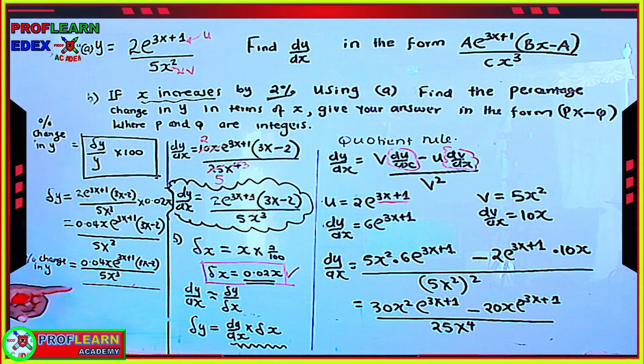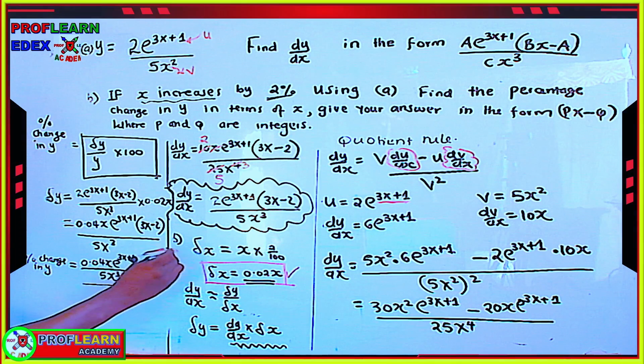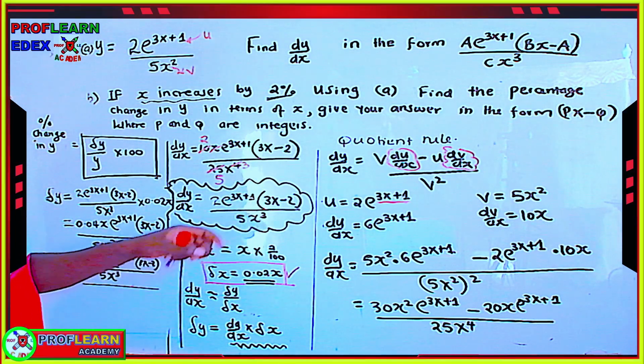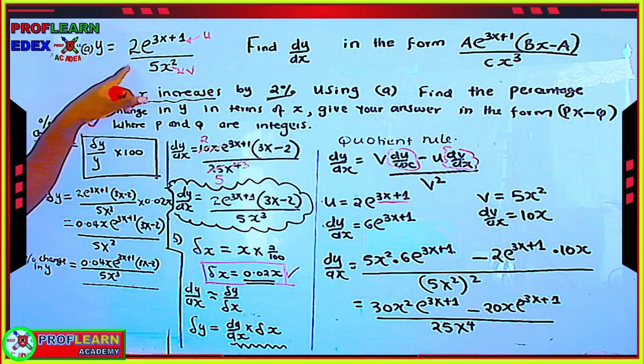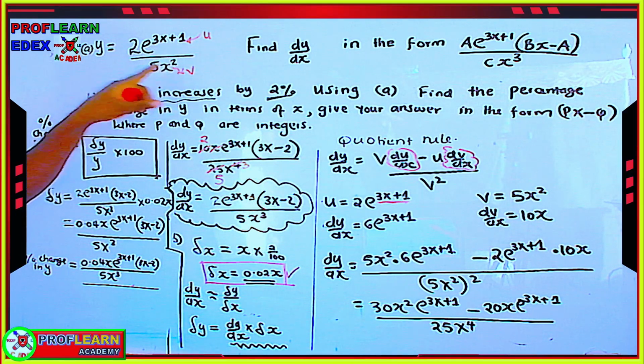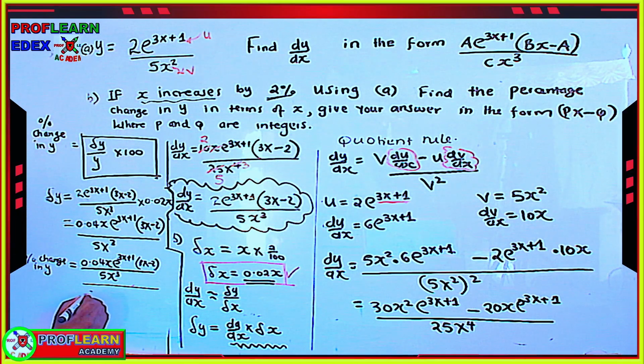But remember, our y was this part here, 2e^(3x+1) over 5x squared, and then times 100.